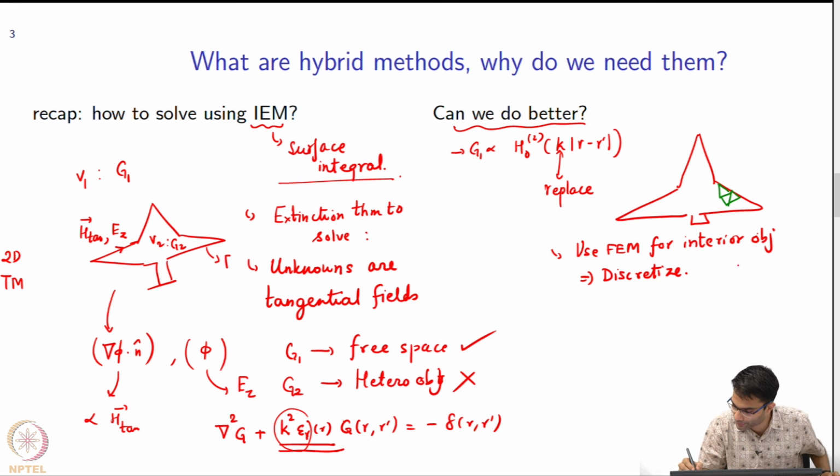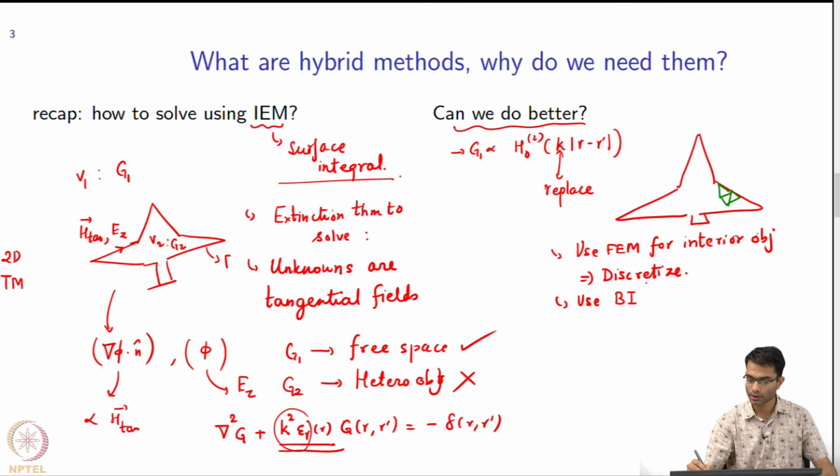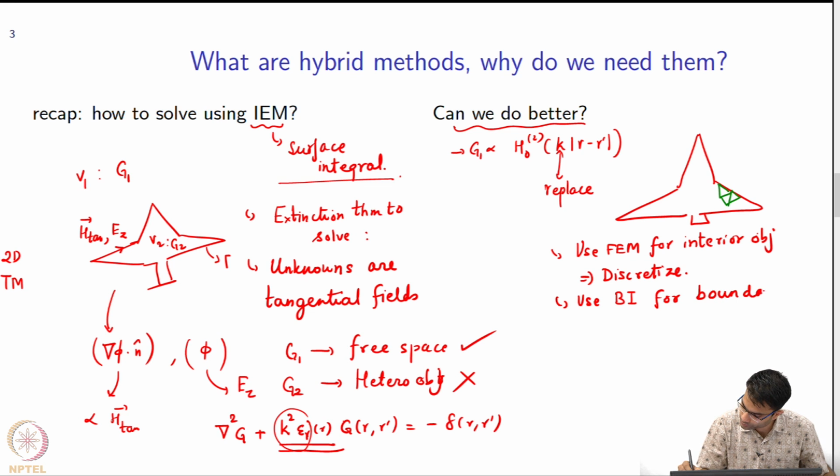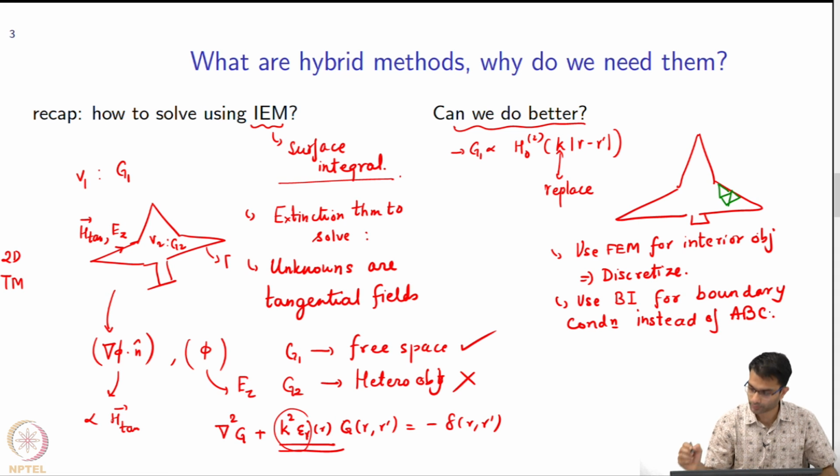Use FEM for the interior objects. Instead of calling it surface integral, the literature calls it BI, boundary integral. Use boundary integral for boundary conditions instead of ABC. That's going to be our approach at the high level.